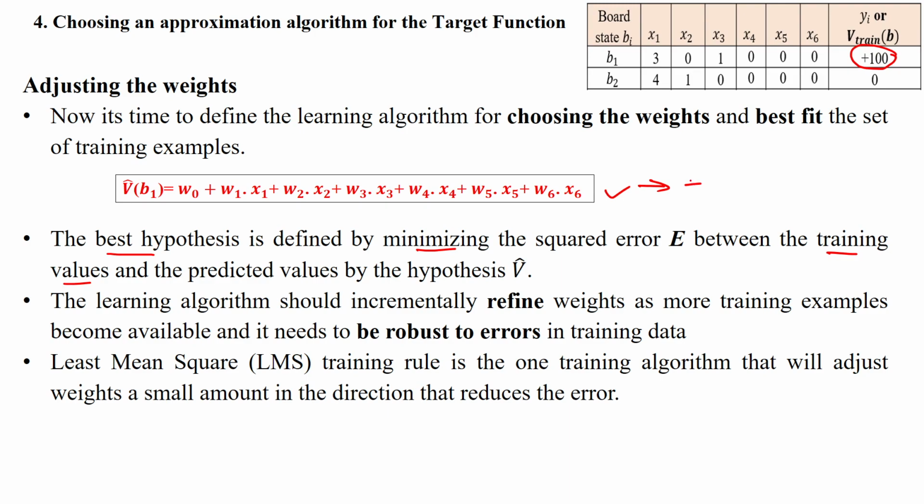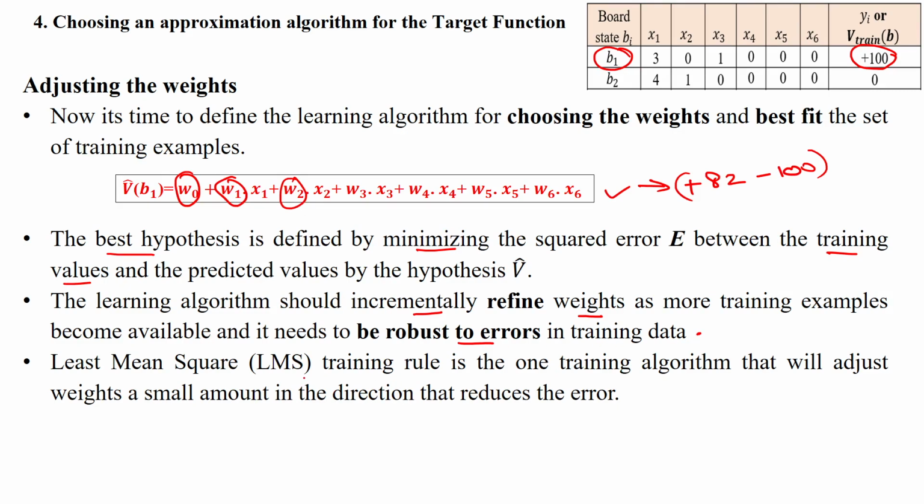For example, it may be plus 82. The difference between plus 82 and 100 is the error of this particular training example B1. So the learning algorithm should incrementally refine the weights. The weights given in each and every term of the hypothesis function should be refined to get error-free training examples.